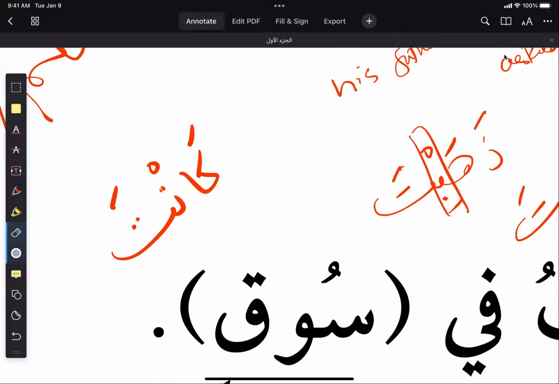Who can spot the problem when we have a sukun here? Who can spot the problem? Yeah, the problem is that we have alif here, and you know that alif always has a sukun. So we have two sukuns together. This never happens in the Arabic language. We cannot have two sukuns side by side.